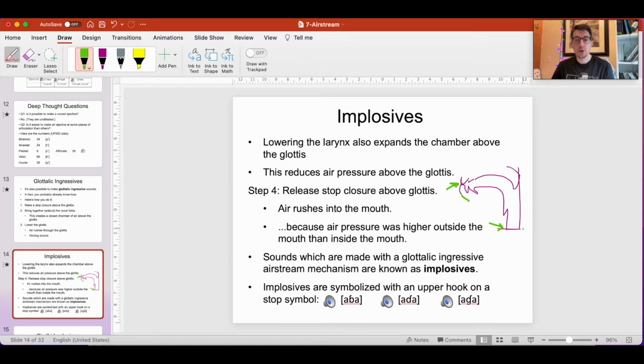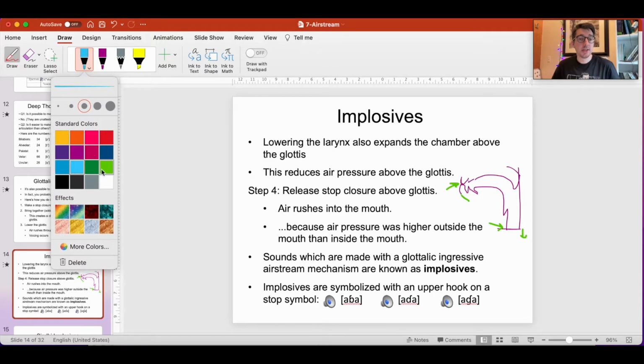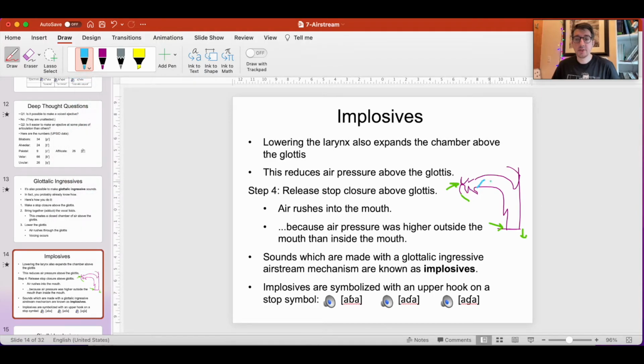But if you lower your glottis, you increase the chamber, and when you increase the chamber, you decrease the pressure, the air pressure. So the air pressure becomes lower inside than outside in the atmosphere, right?